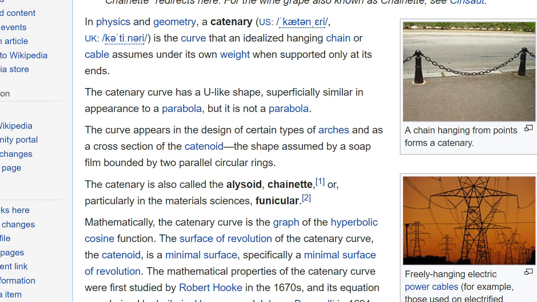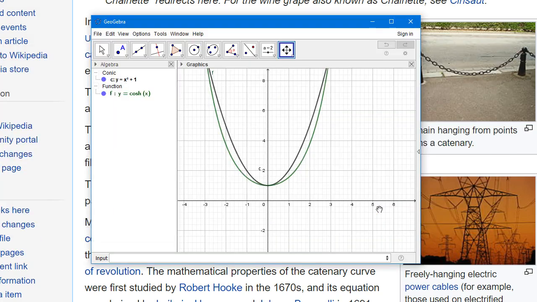parabola, it actually doesn't. If we look at the shape here of two of these, the green graph on the bottom is a graph of the basic cosh function, and this black one right above it is a graph of a basic parabola that has the same vertex, and they look pretty similar.